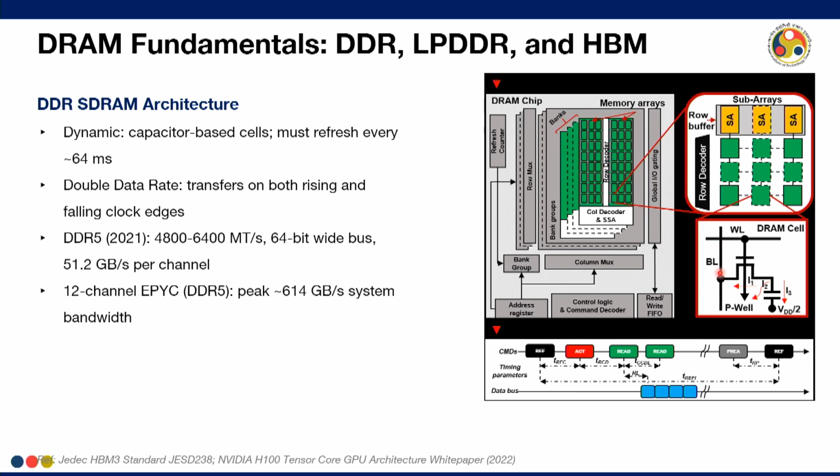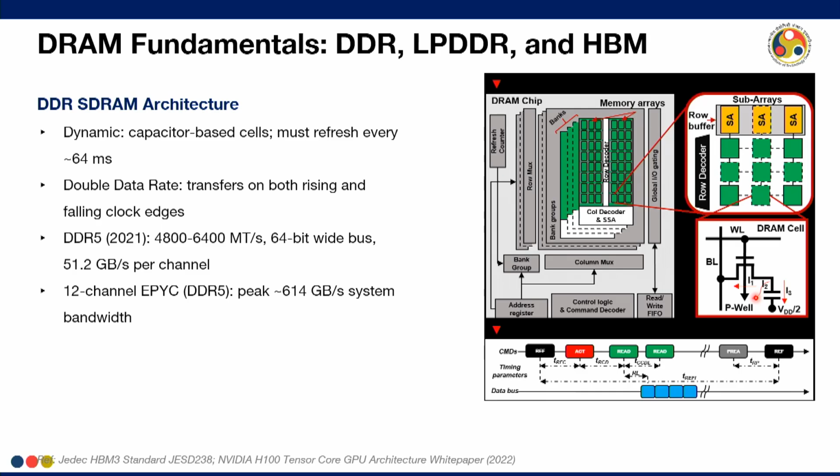It leaks charge over time. To get around that, a refresh controller is there to refresh the capacitors to hold the bit which we are storing in the capacitor, basically. Okay, so that is the main technology behind that.